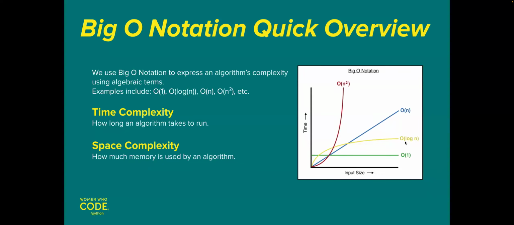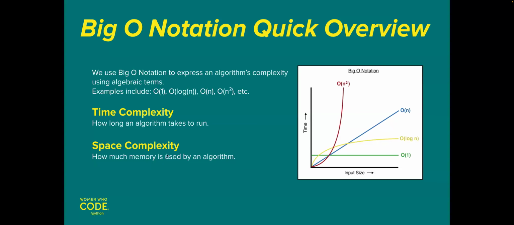But when we have an input size of n and we have O(log n), it increases following the logarithmic function. As well, we have the linear function, and the quadratic one.